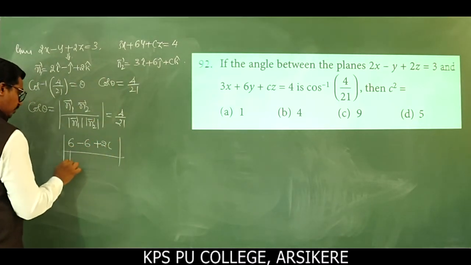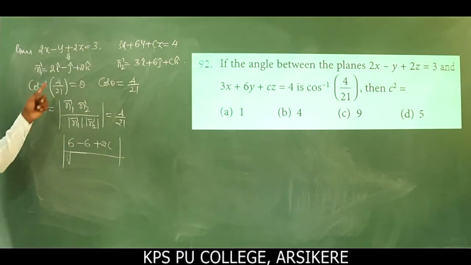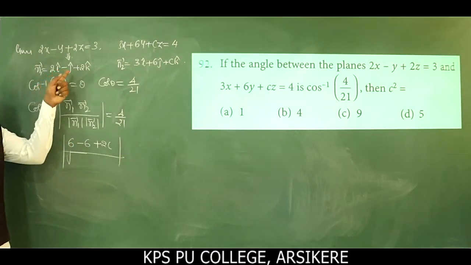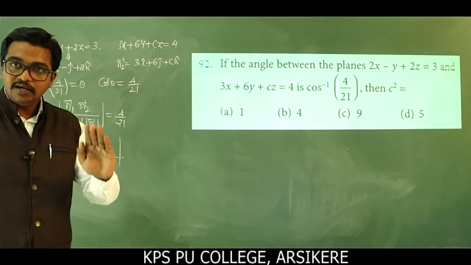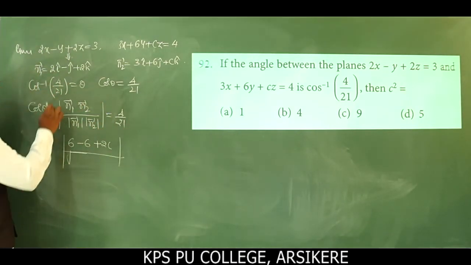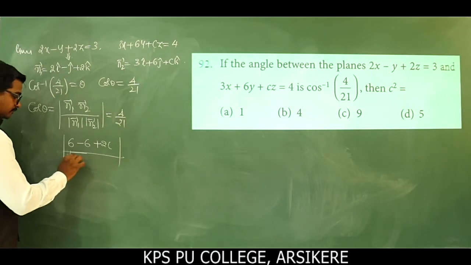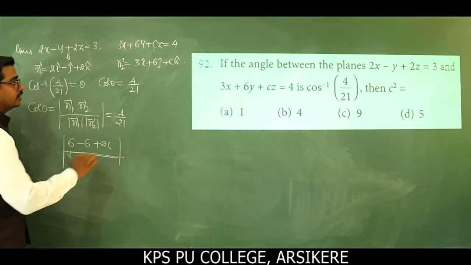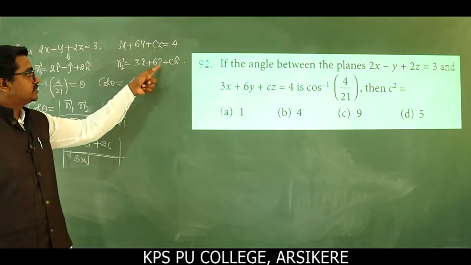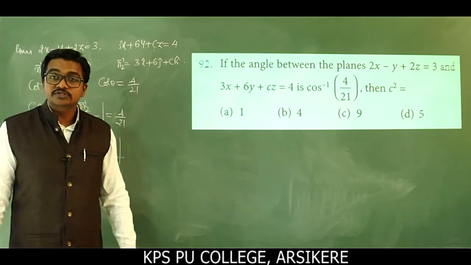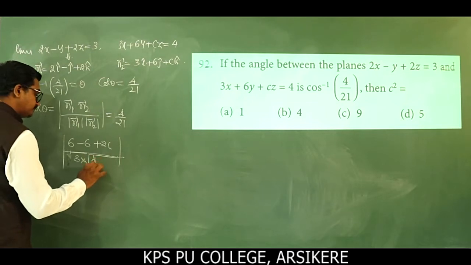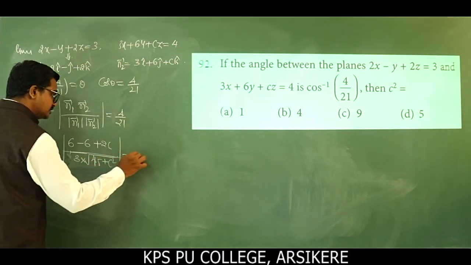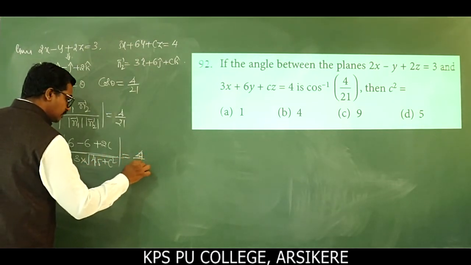Divided by the square root of n1 squared: 2 square plus (-1) whole square plus 2 square. 2 square is 4, 4 plus 1 is 5, 5 plus 4 is 9, and the square root of 9 becomes 3. Into the next term: square root of 3 square plus 6 square plus c square. 3 square is 9, plus 6 square is 36, that becomes 45 plus c square, and this is equal to 4 by 21.